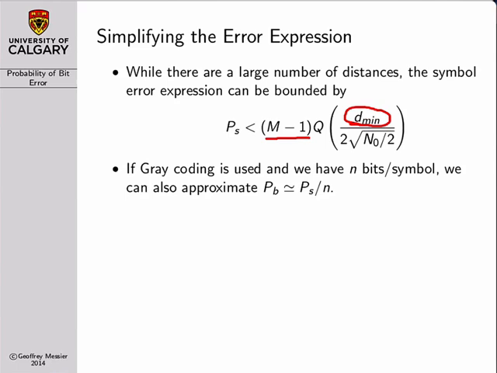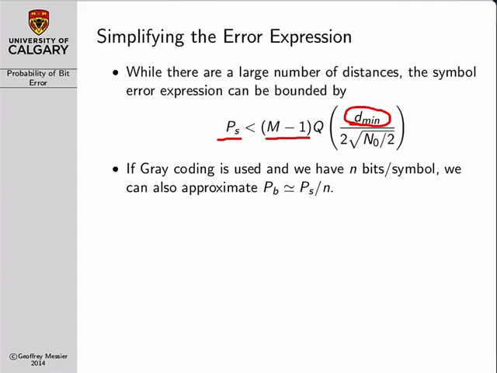The total number of incorrect signal vectors is m minus 1, and so that's why we multiply them. Incidentally, we're able to add these probabilities because the error events are mutually exclusive, right? You can't make a mistake with one vector and another vector at exactly the same time. So this is an expression for the overall probability of symbol error.